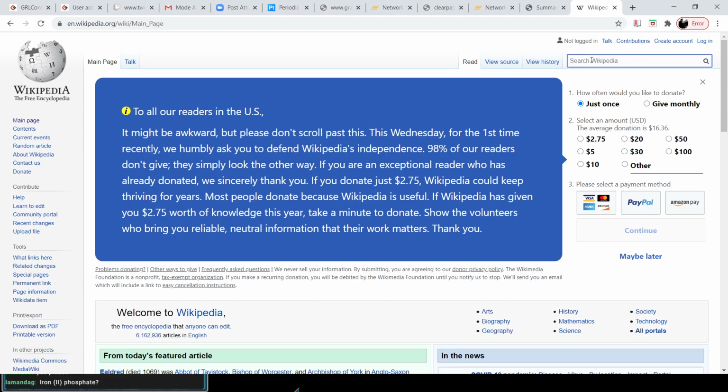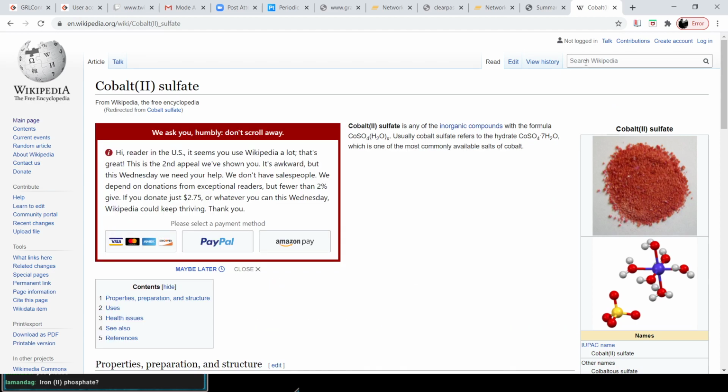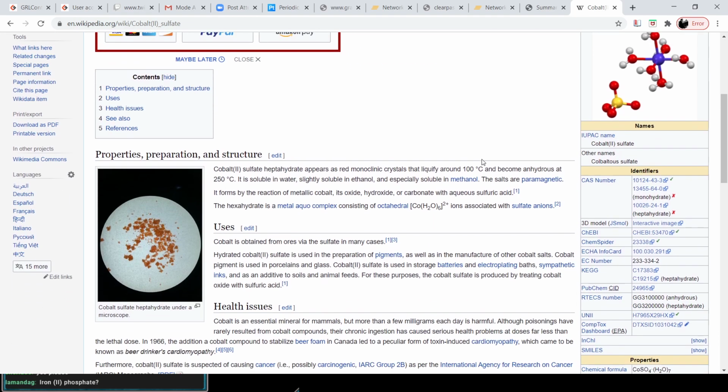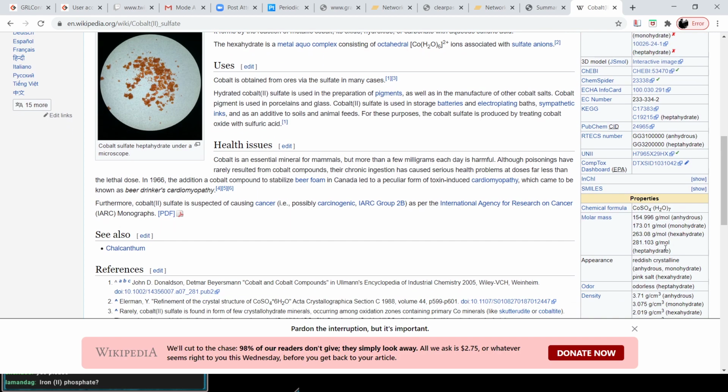Go to Wikipedia, cobalt sulfate. Okay, it did it for me. Aha! So, if we look here, look at these molar masses that are given to us on the Wikipedia page. We see here that we have a molar mass for anhydrous, that means no waters on it, one for the monohydrate, another one for the hexahydrate, and another one for the heptahydrate.